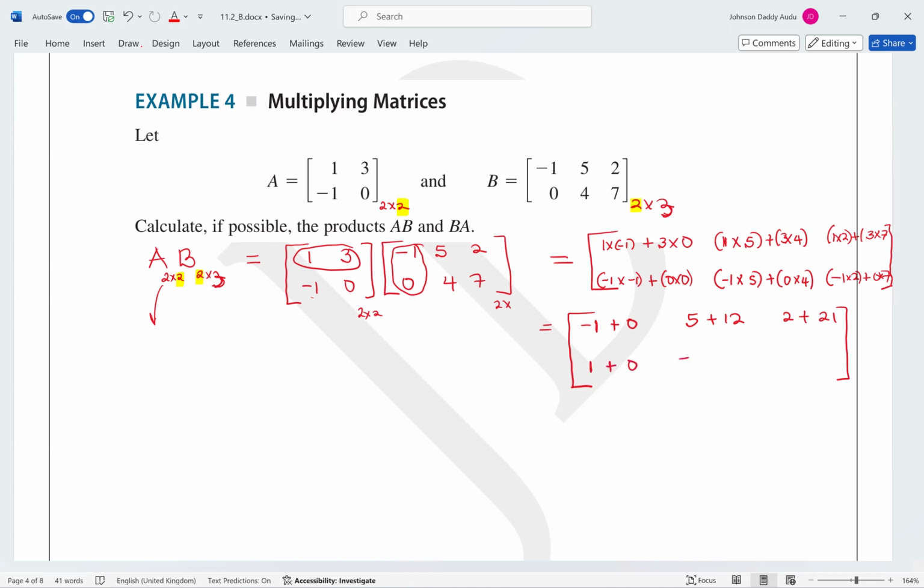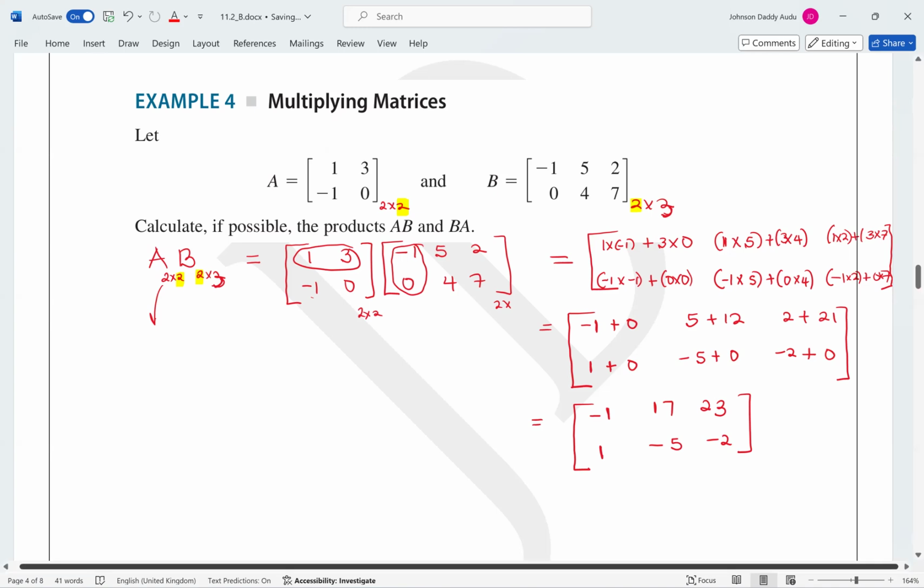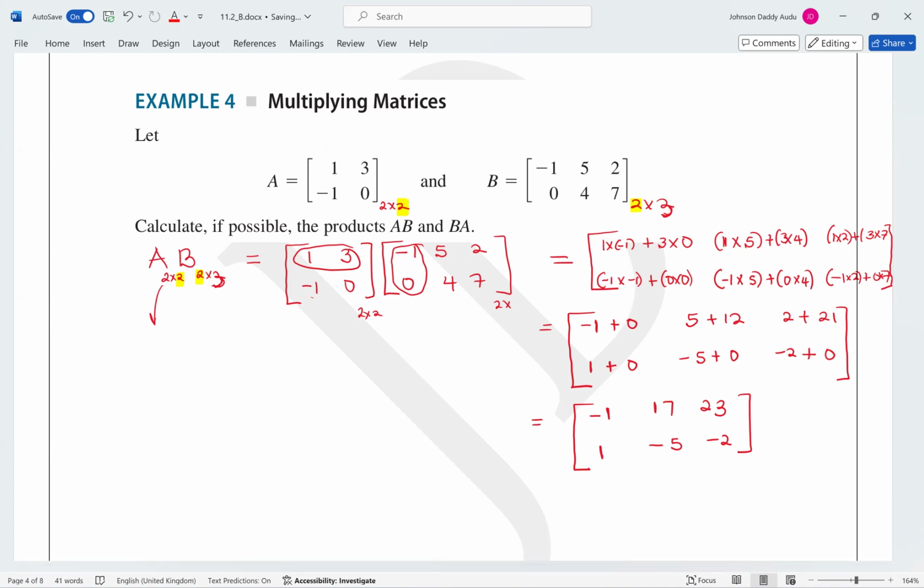And here it's minus 5 plus 0, and this is minus 2 plus 0. So we will get, if everything is correct, minus 1, 17, 23, and 1, minus 5, and minus 2. So this is the expected matrix.